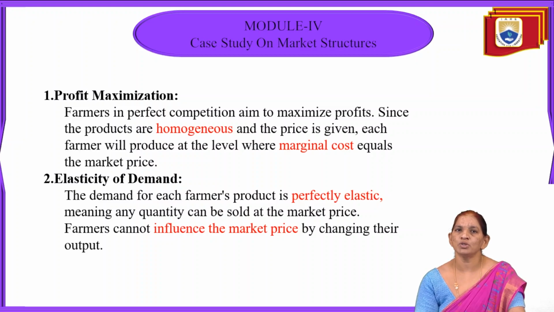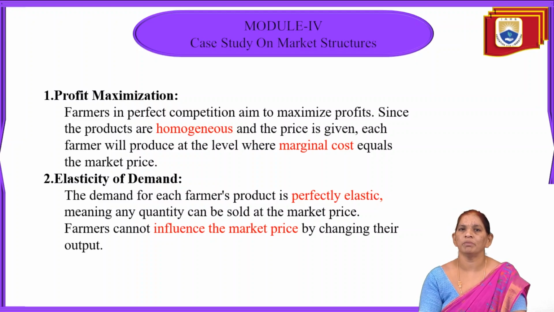As the product is homogeneous, all will send the same type of product irrespective of differentiation; all are equal in quantity. That's why the farmer will produce at a level where his additional cost, that is marginal cost, equals the market price, such that each and everybody will earn the maximum profits from the market.